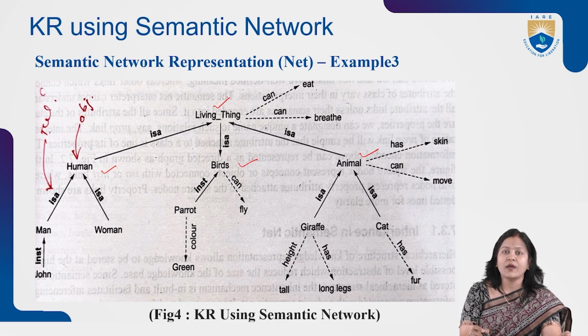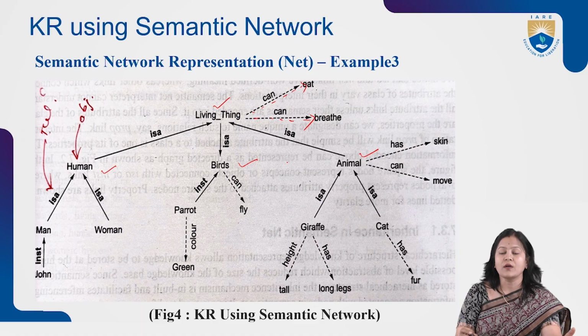That is why you can observe that human, birds and animal are subclasses, and living thing is the superclass, the generic class. Every living thing can eat and can breathe. You can see the dotted lines, can eat and can breathe. These are two attributes. As I told, attributes can be represented with a dotted arrow mark.